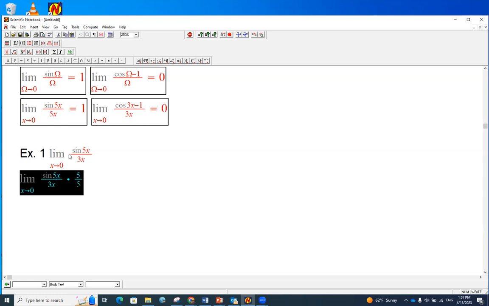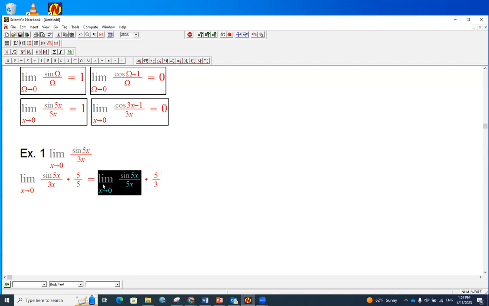So we kind of switch places. Anything times 1 stays the same. We have to respect that property, but we switch 5 with 3. So we have 5 here, 3 here. And that piece, that limit exists. We can apply that. I hope that makes sense. So now we look at two individual limits.